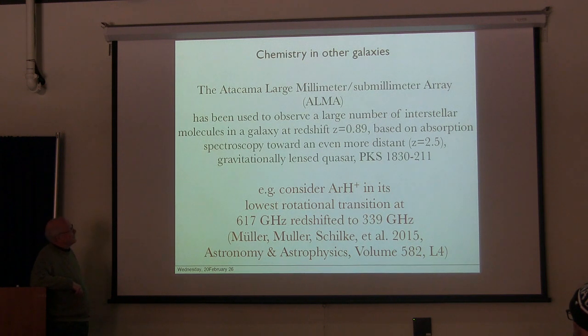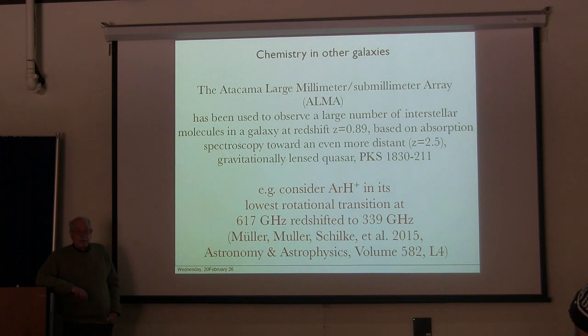the star-forming region. Okay, so I wanted to lead on to show how the same sort of observation can be done in other galaxies, or at least to probe the interstellar matter in other galaxies. And ALMA, again, you've seen pictures of ALMA, is such a fantastically sensitive telescope that it's possible to observe quite a variety of interstellar molecules in the interstellar matter of the galaxies.